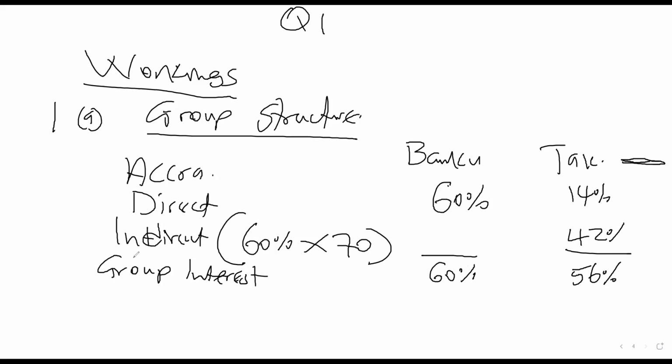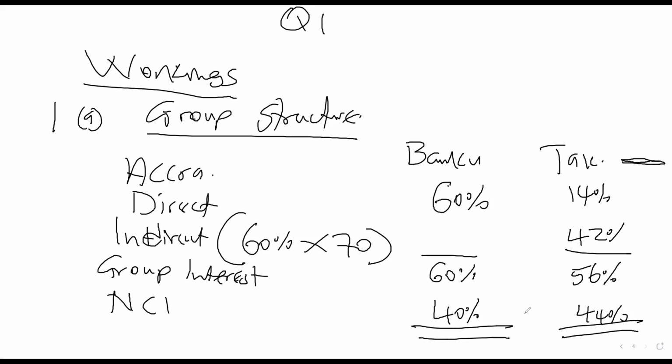Now NCI. NCI here is 40%. NCI here will be what? 44. You are done. You see, you have not read the entire story.